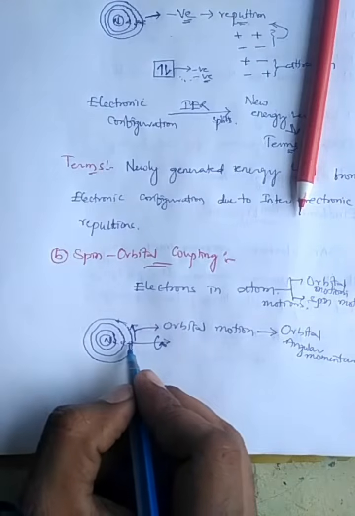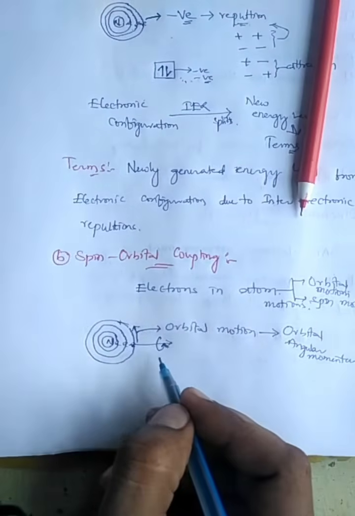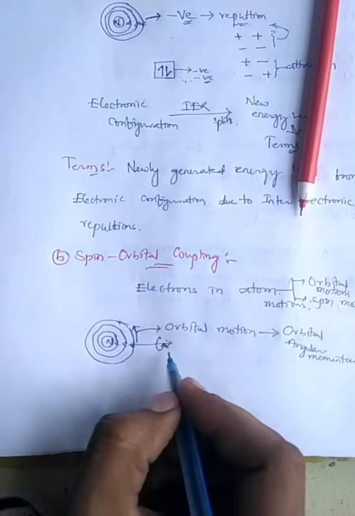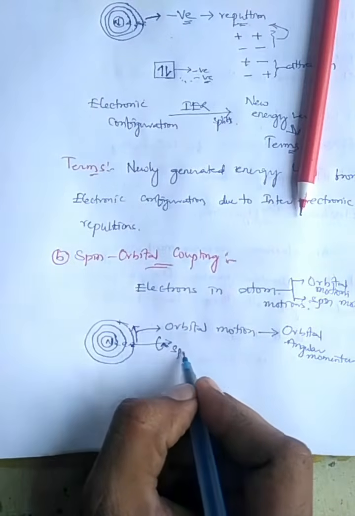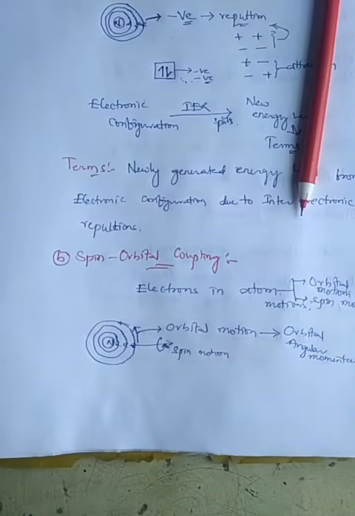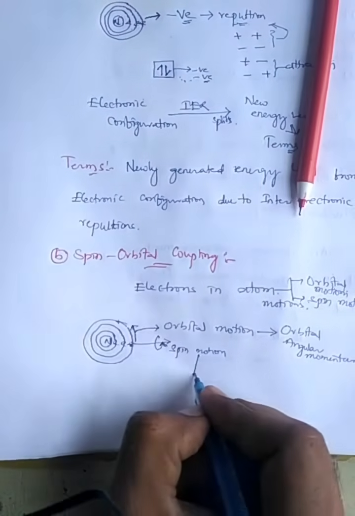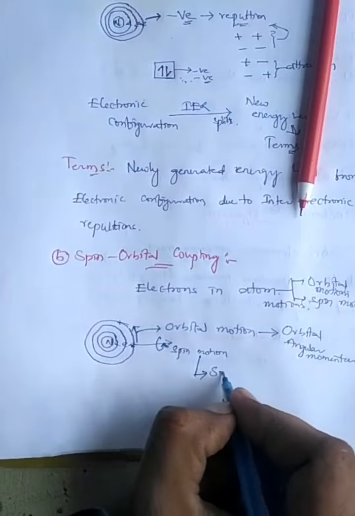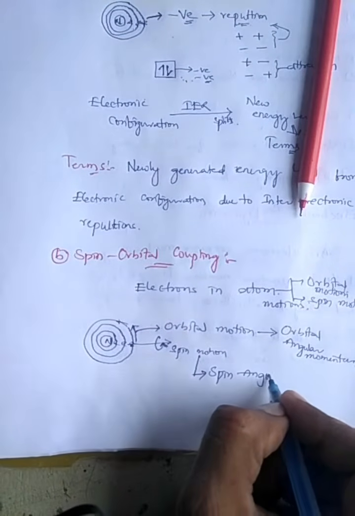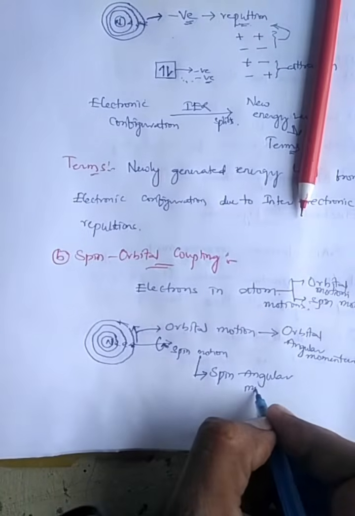And similarly, when the electron spins about its own axis, it has spin motion. With the spin motion, it generates spin angular momentum.